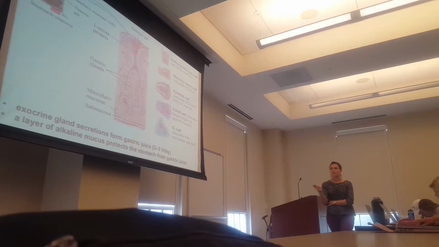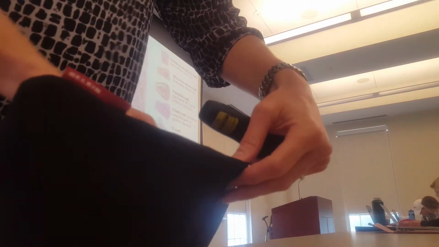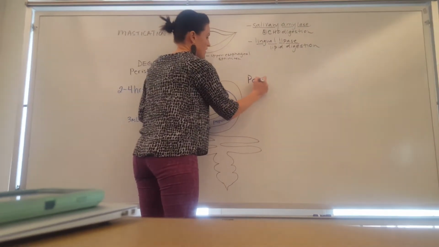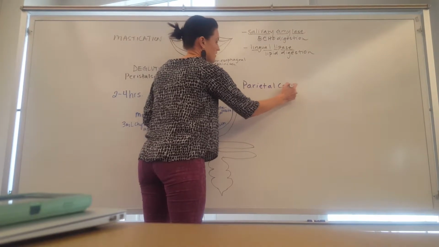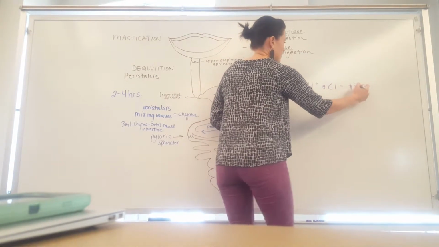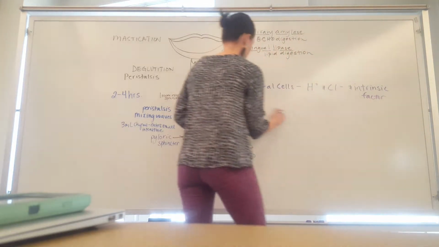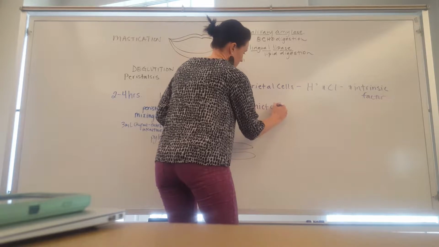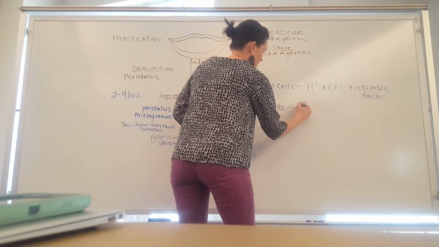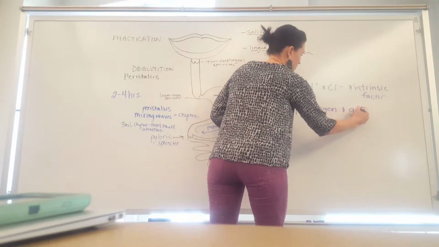Chief cells secrete pepsinogen and gastric lipase. So you have parietal cells that secrete hydrogen, chloride, and intrinsic factor. Chief cells secrete pepsinogen and gastric lipase.